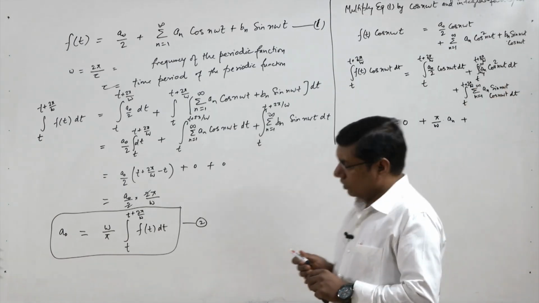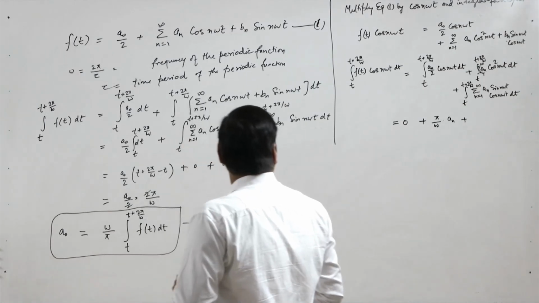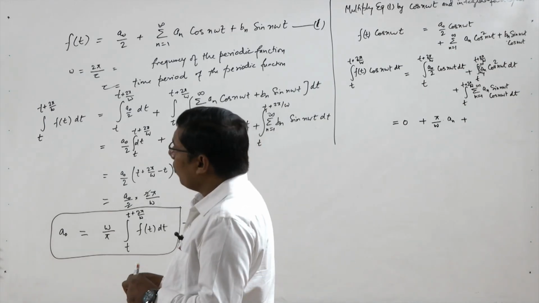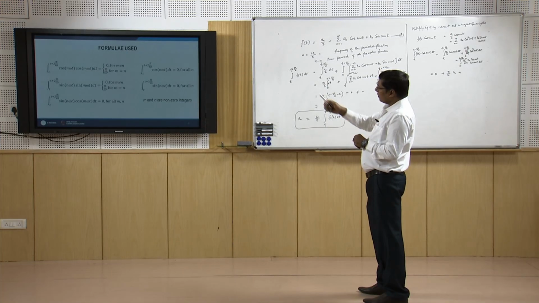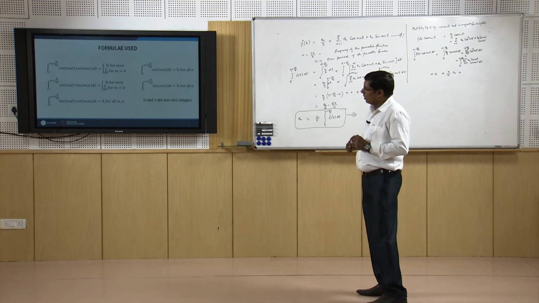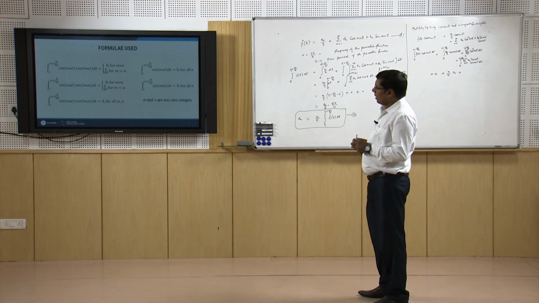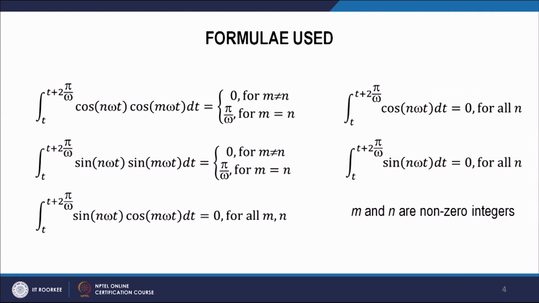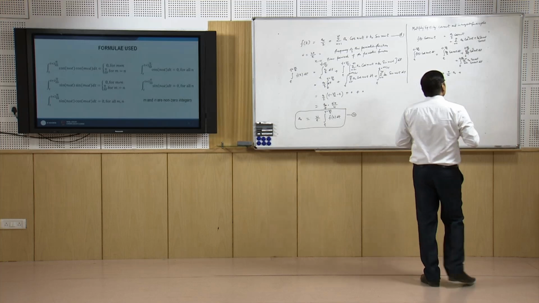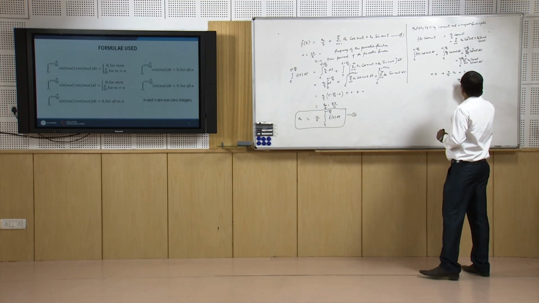Again, for the third term, sin n omega t into cos m omega t, the third formula says the integral equals 0 for one cycle for all m and n. So this term will be 0.